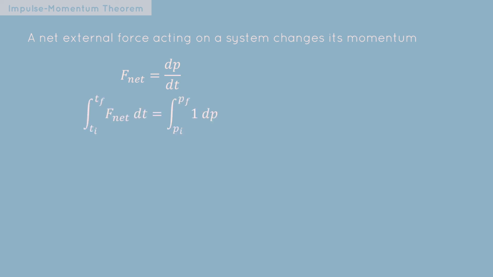So if we integrate both sides with respect to t, with limits of initial momentum, final momentum, and initial time, final time, so at time ti there is momentum pi, at time tf there's momentum pf.